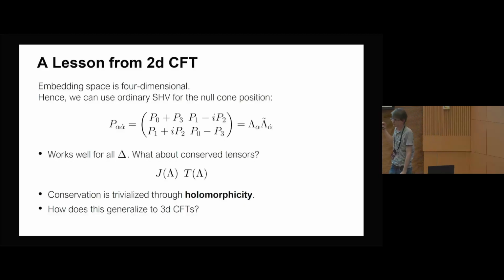Hence, the lesson that we learn is that conservation is trivialized through holomorphicity, which makes sense because we already knew that in 2D CFTs, for example, the stress tensor splits into T and T bar, holomorphic and anti-holomorphic pieces, and the same for the conserved currents. But now the question is, how can we generalize this notion of holomorphicity that trivializes conservation to our case of interest, which is 3-dimensional CFTs?